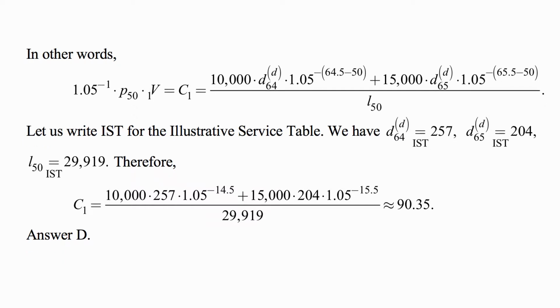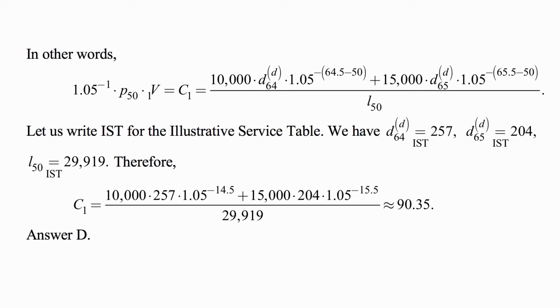In other words, the normal cost, C1, is the actual present value of that accrued liability a year from now, but it's simply the actual present value of the $10,000 benefit paid at death in service between ages 64 and 65, paid at age 64.5 in the middle of the year, which is the first quantity in the numerator.